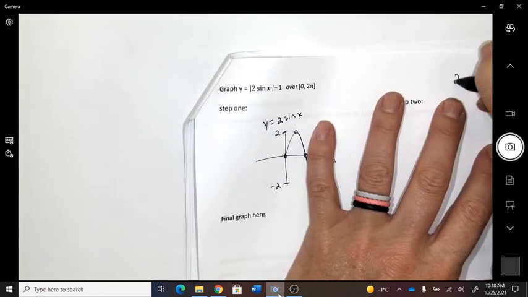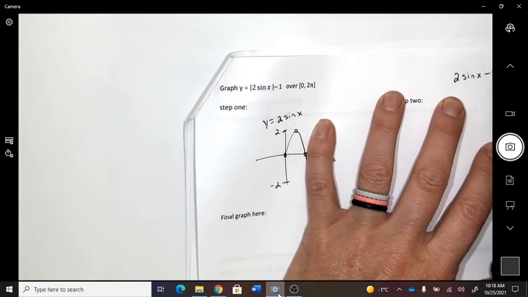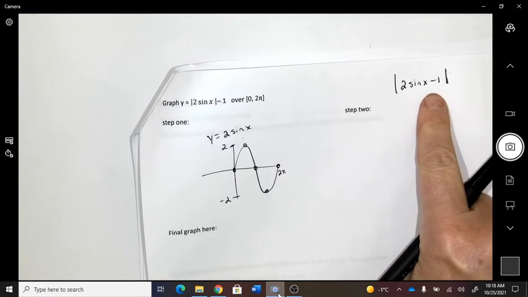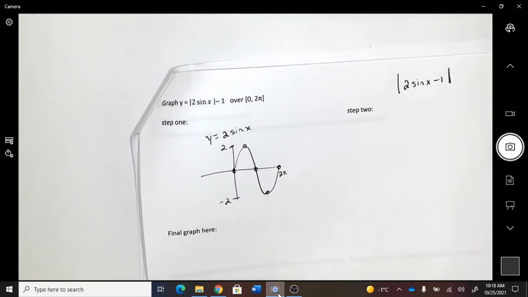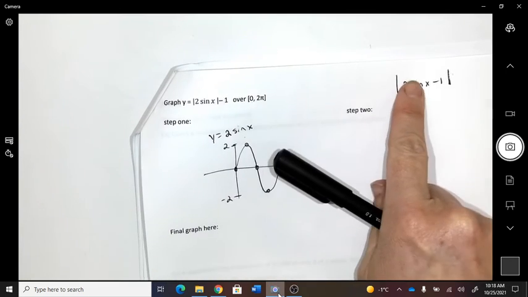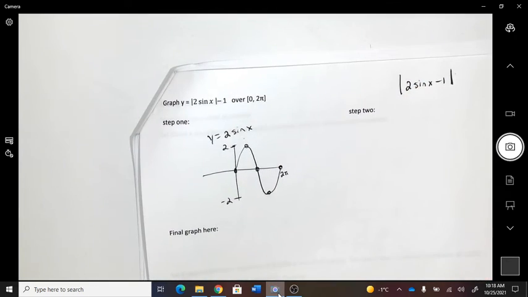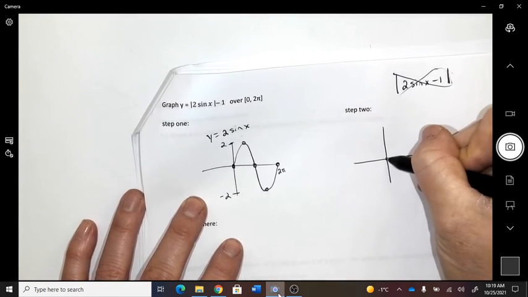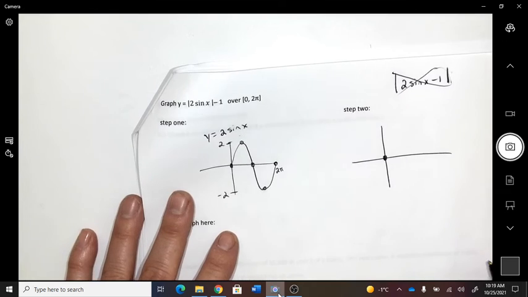If it looked like this, what would you do? Down 1, then absolute. Okay, do you see a difference? This says to absolute it and then go down. This says to go down and then absolute. So I'm going to absolute value this. If it's 0, leave it.